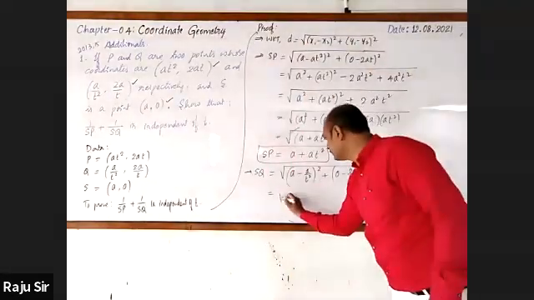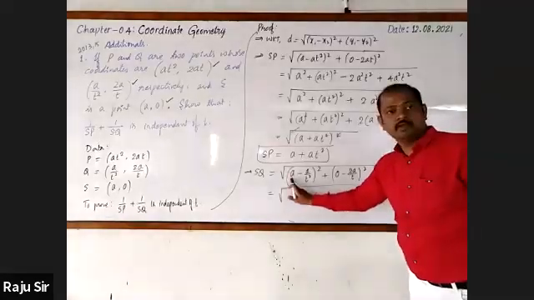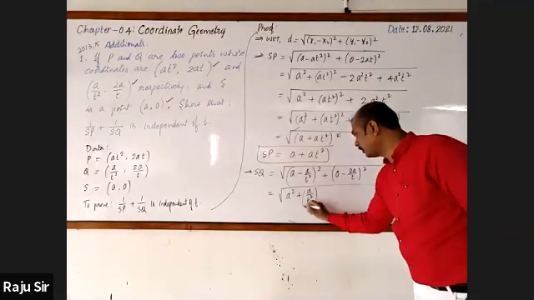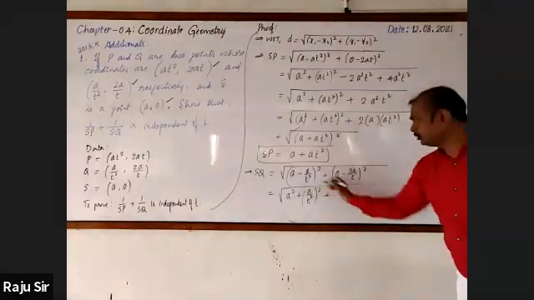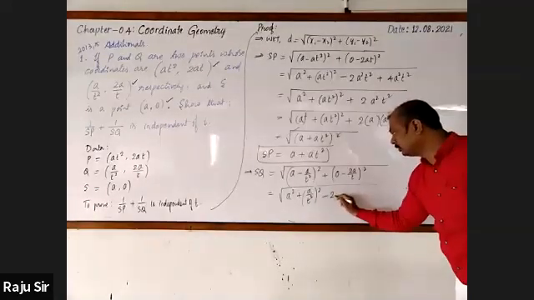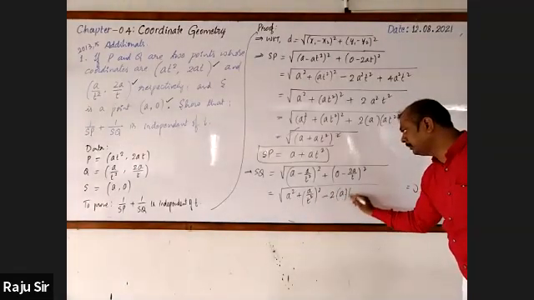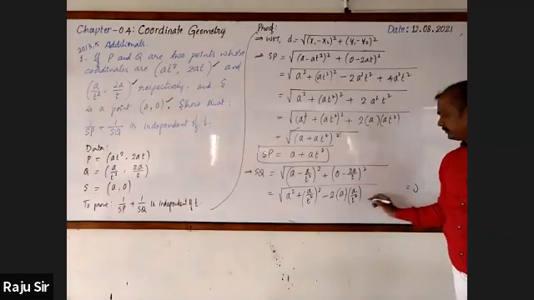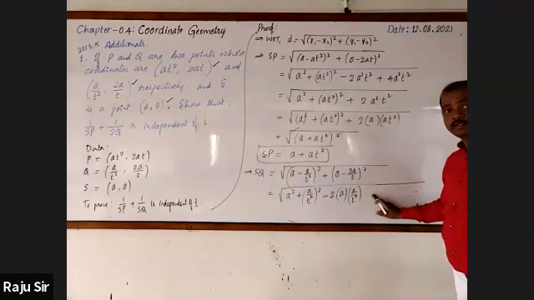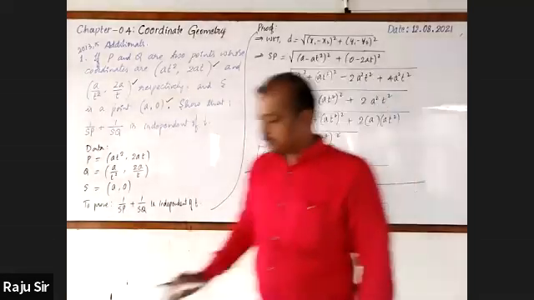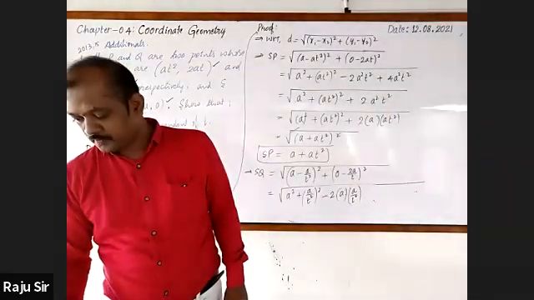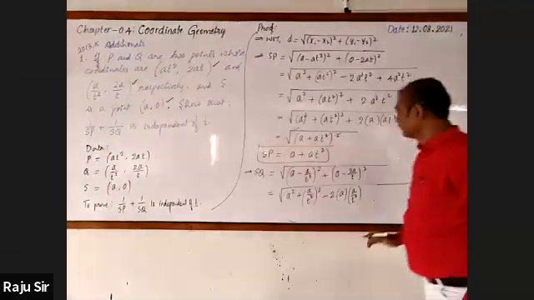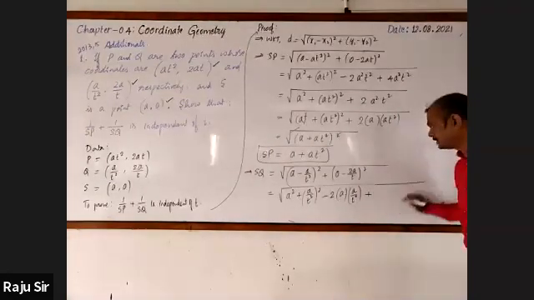This is equal to square root of (a plus a by t²) whole square, as it is, minus 2a²/t² plus 4a²/t², plus 2a²/t². Followed?